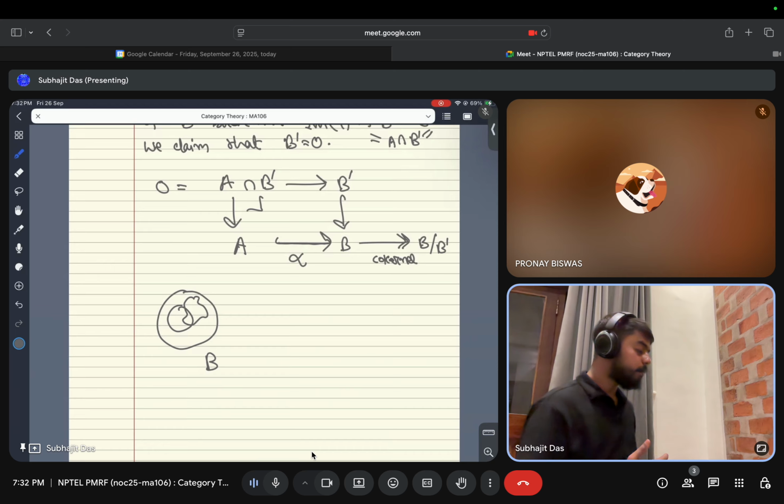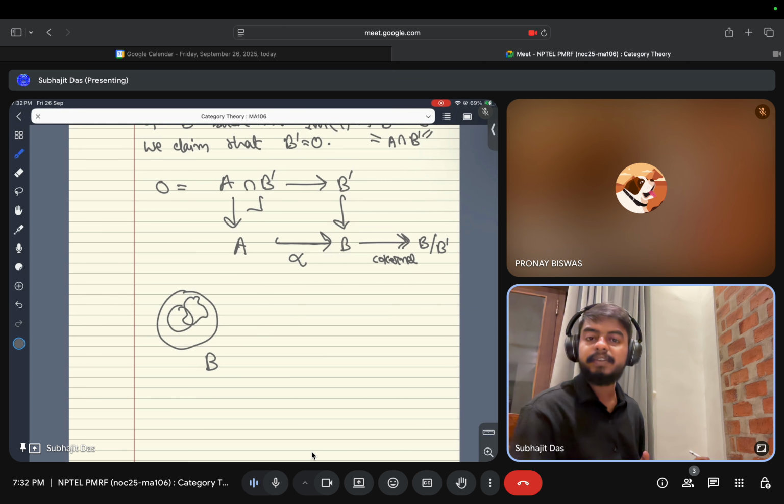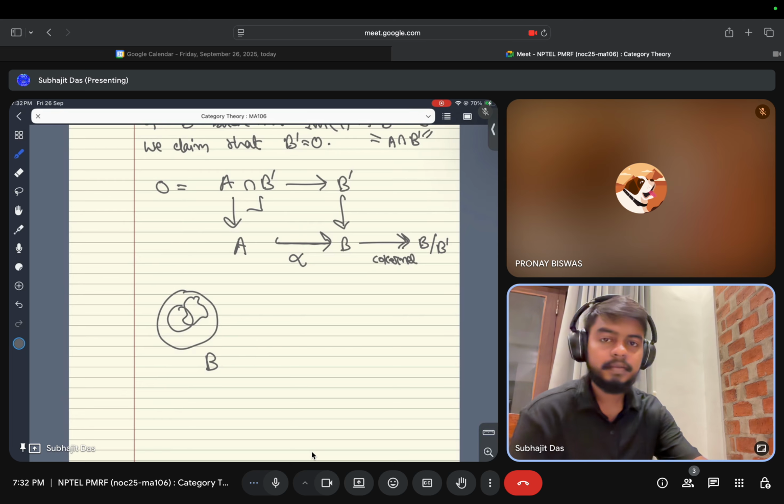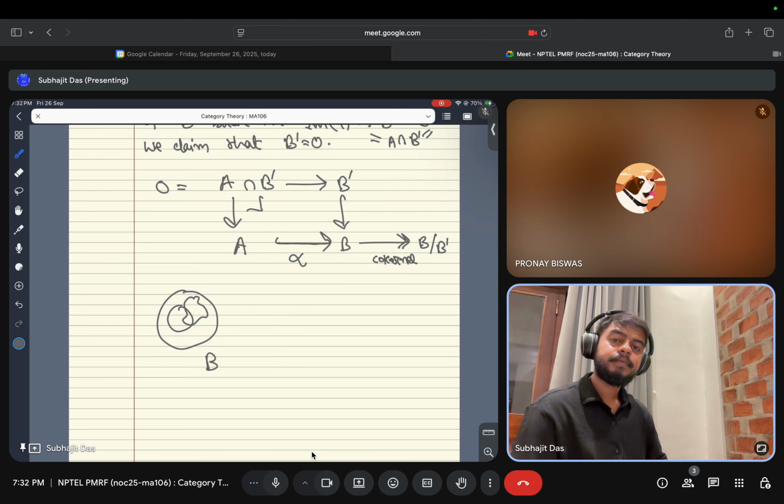Now think about this very clearly. When would this epimorphism composed with alpha be a monomorphism? We want this composition to be a monomorphism.